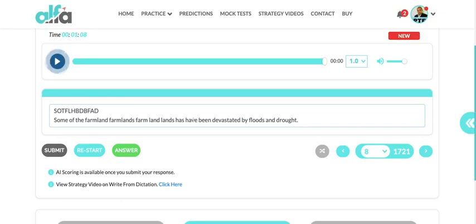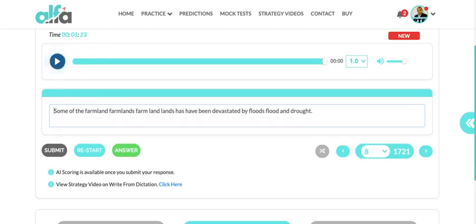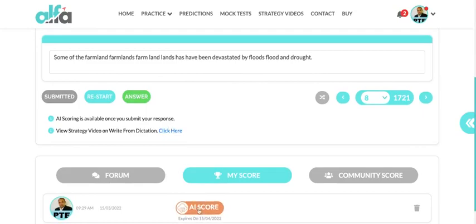So have been devastated by floods. अब floods भन्यो अथवा flood भन्यो, if you're not sure, you can go like this. And drought. So if you noticed here, I've got about 5-6 extra words just to make sure that I get the full score. Okay, so this is what I want to submit, and let's see what score we get for this question.